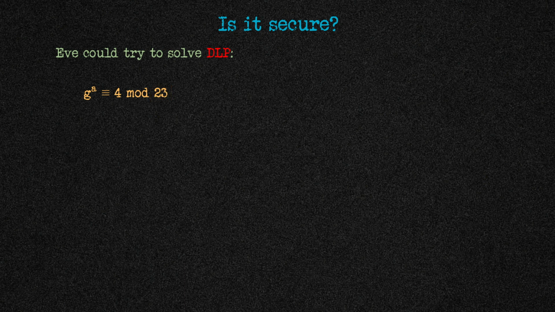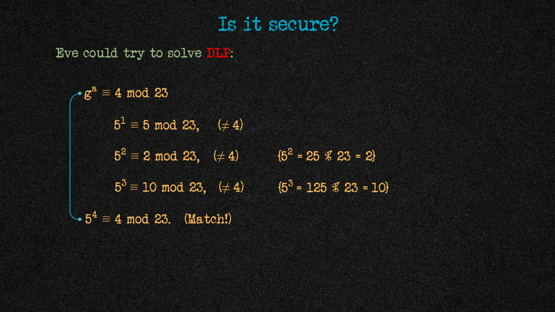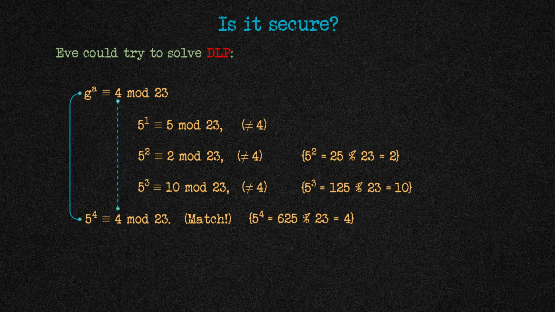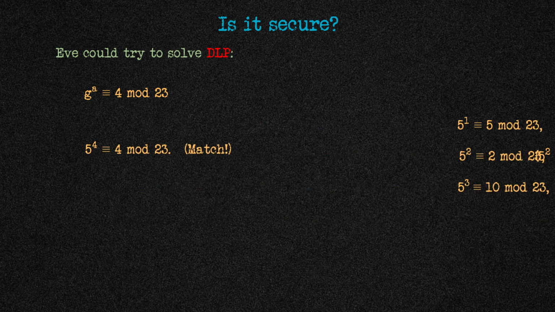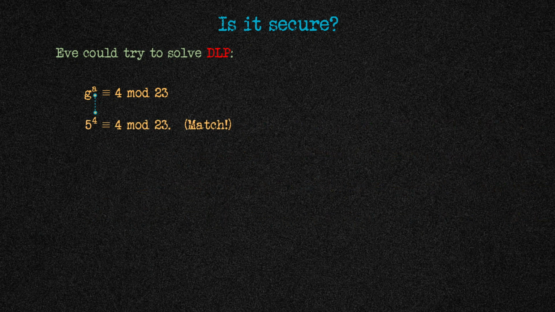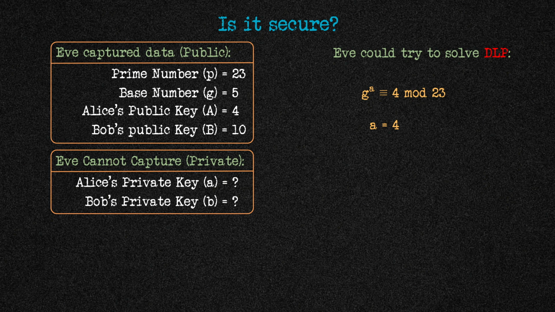But this makes it insecure. Eve can easily guess the private keys by trying all possible values, until she solves the discrete logarithm problem. After performing a brute force attack, Eve breaks the exponent in just 4 steps. Now, with all the necessary components, she can compute the shared secret by solving the equation.